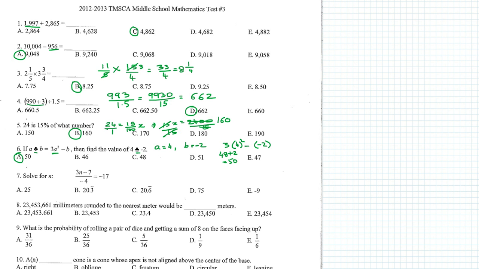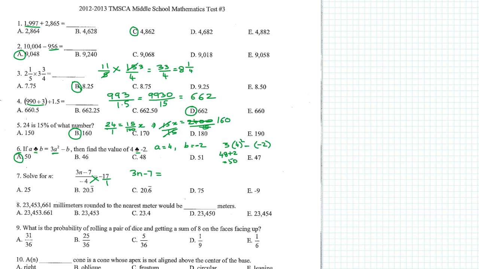Question 7. Solve for n. 3n minus 7 divided by minus 4 is equal to minus 17. So think of this as minus 17 over 1, and then we simply cross multiply. So 3n minus 7 times 1 is nothing but 3n minus 7 equal to minus 4 times minus 17.